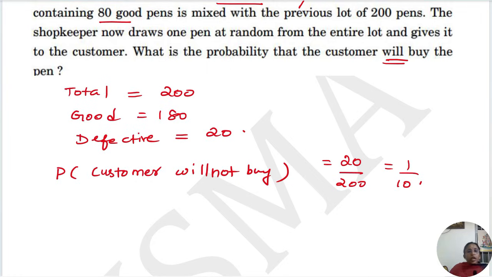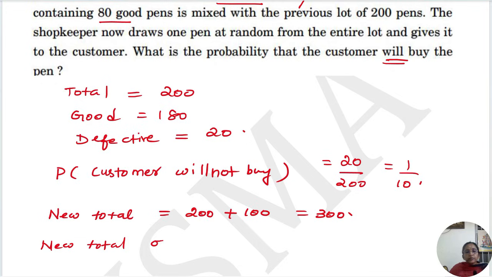And now, after that, what is happening? It is mixed with another lot of pens. So now the new total: initially we have 200, now 100 pens are added, so 300. Now the new total of good pens: initially it is 180, now 80 are added, so this is 260.